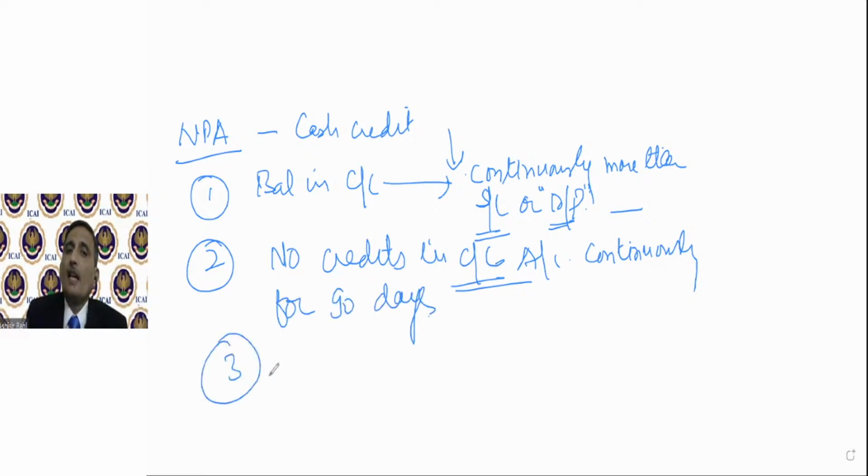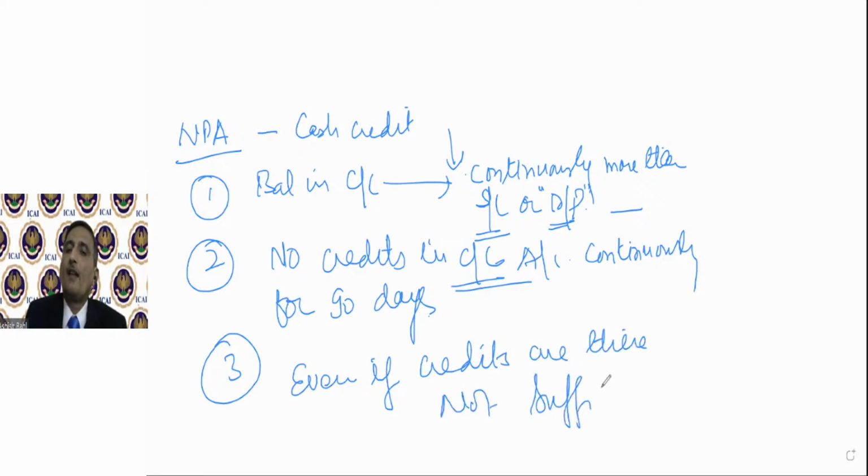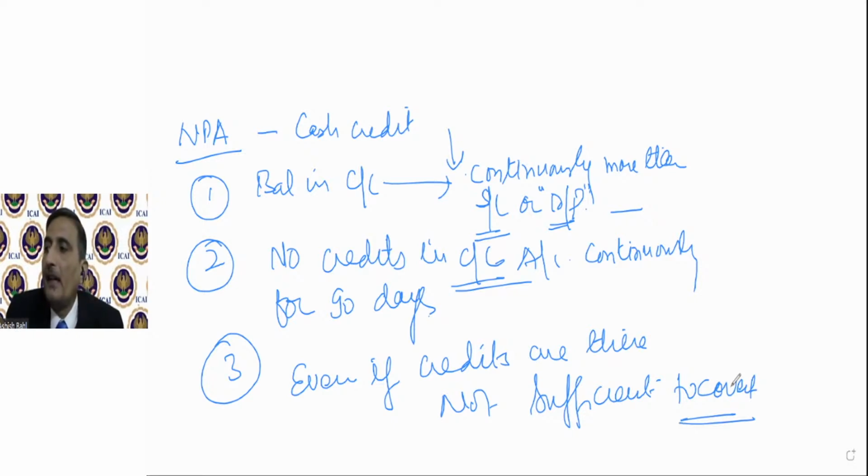And third, even if credits are there, but these are not sufficient to cover the interest portion, then the account would be treated as NPA.